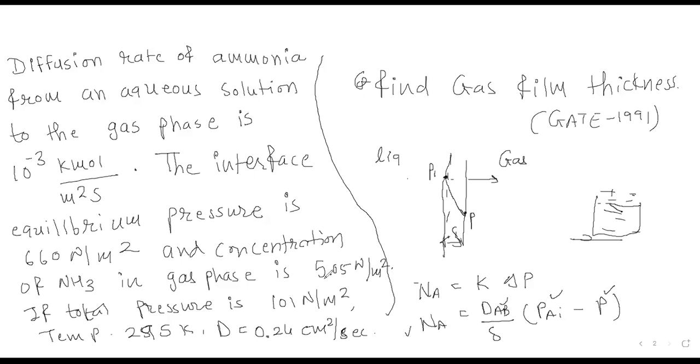Here is Pi and here is P. Total pressure we don't have to consider. This pressure we have to consider: 660 minus 5.05 Newton per meter square.